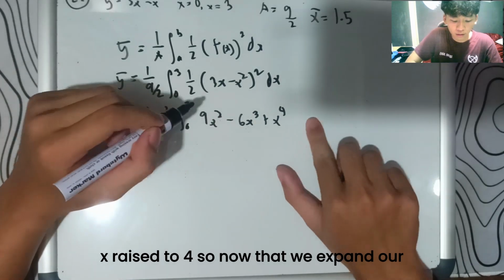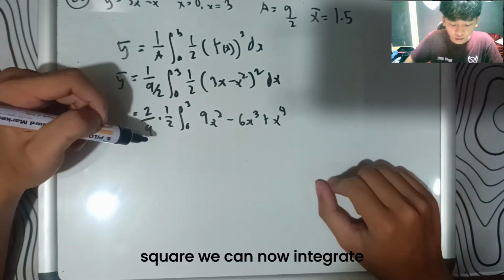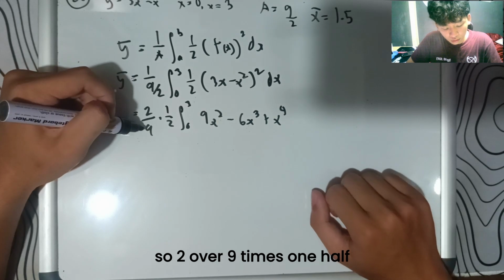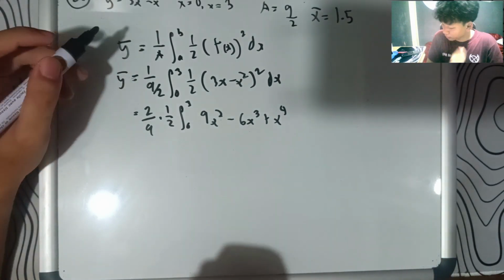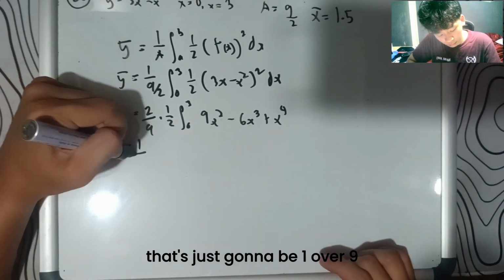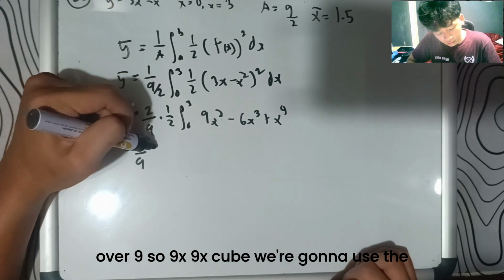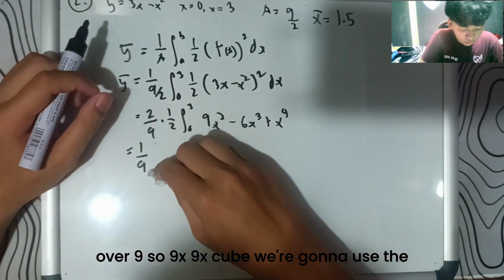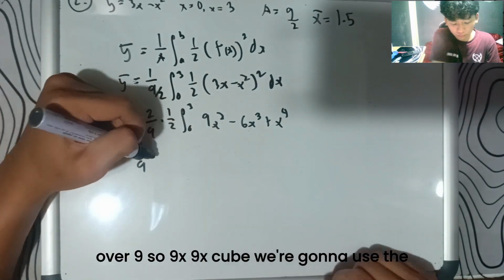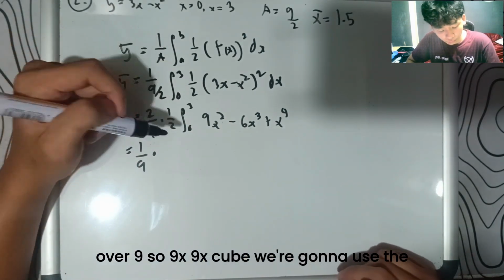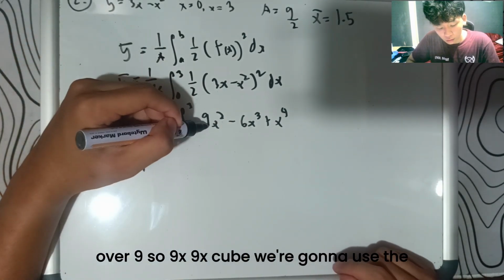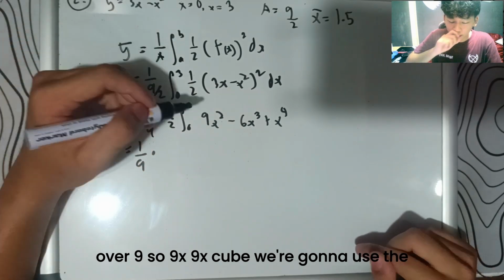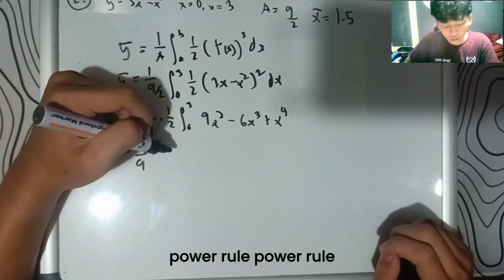Now that we expanded our square, we can integrate. 2 over 9 times 1/2 is just 1 over 9. For 9x squared, we're going to use the power rule.